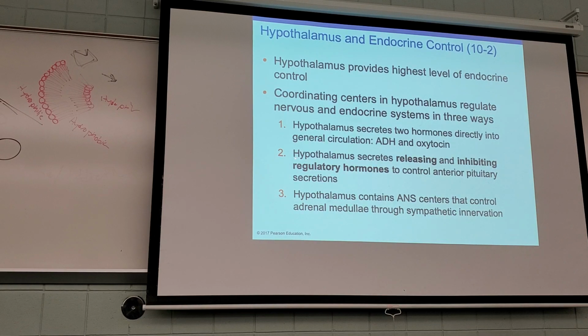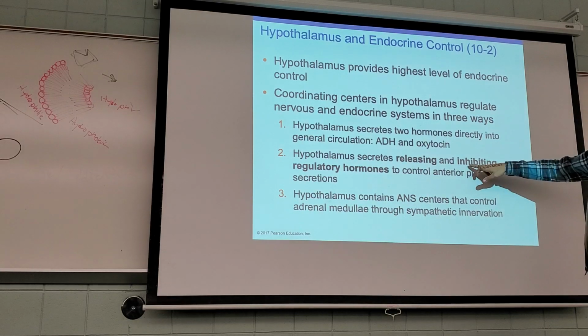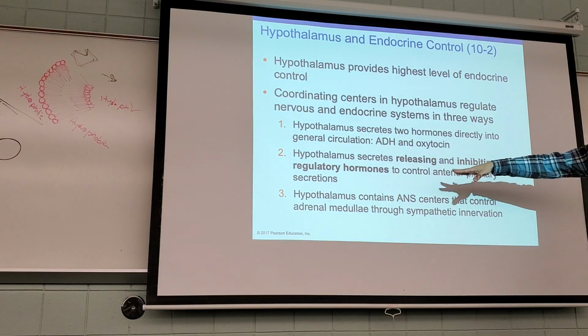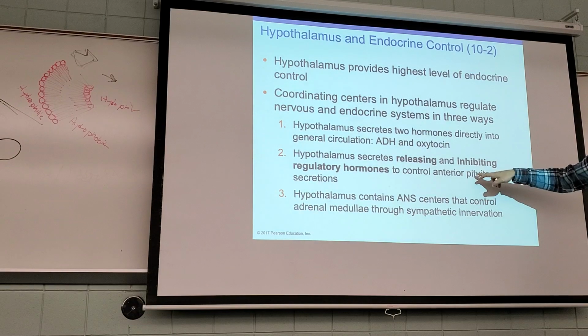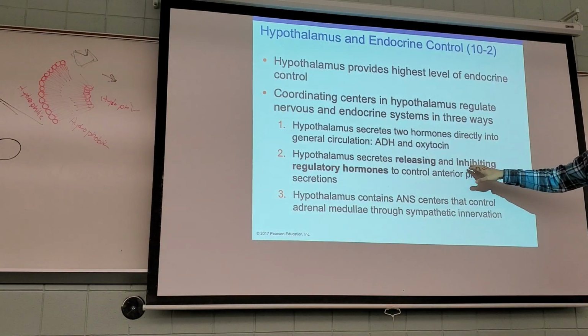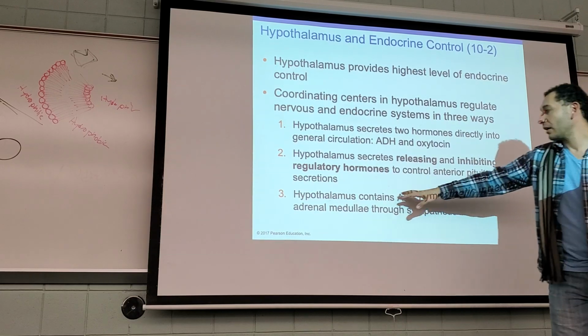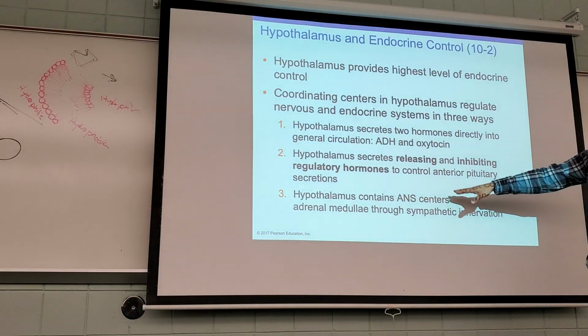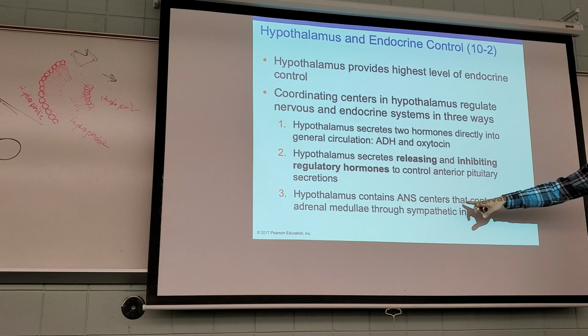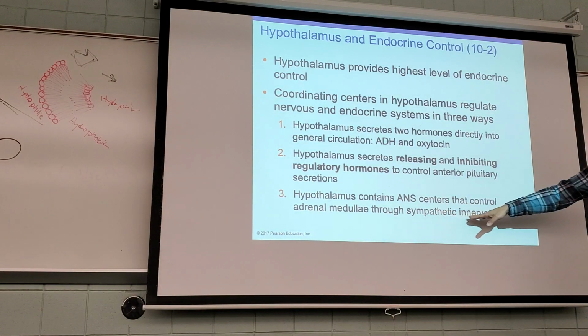There's your first one. Also, the hypothalamus secretes releasing and inhibiting hormones, there's your regulatory ones, to the anterior. So these are posterior and these are anterior. This has 7, so you have 2 and another 7 here. And then the hypothalamus contains autonomic nervous system centers that control the adrenal medulla through sympathetic innervation.